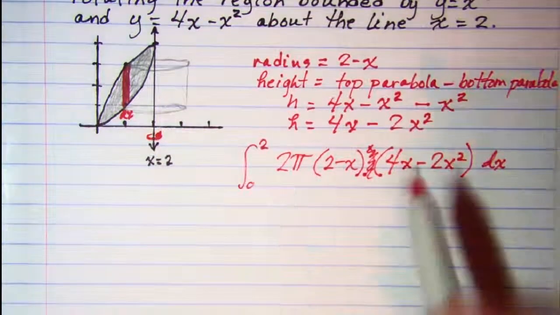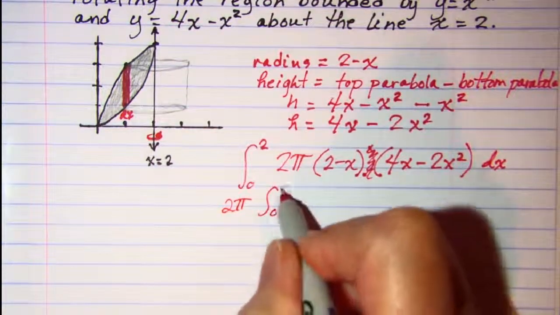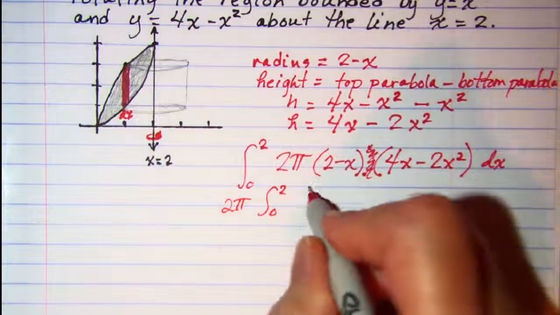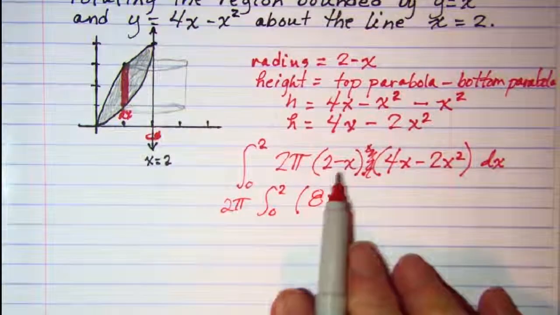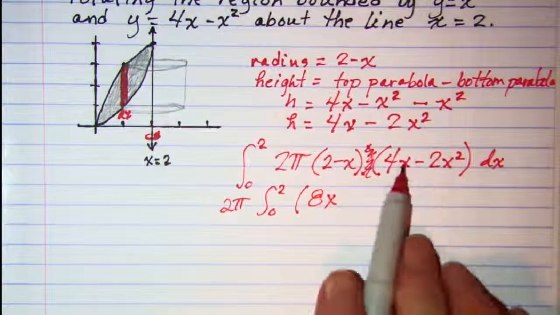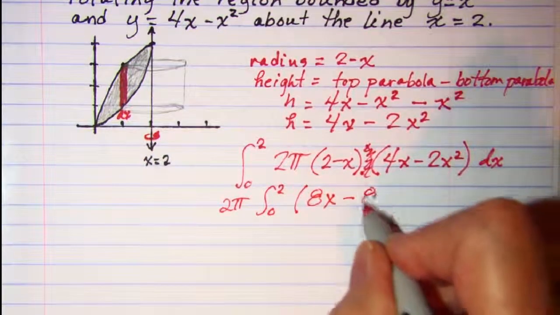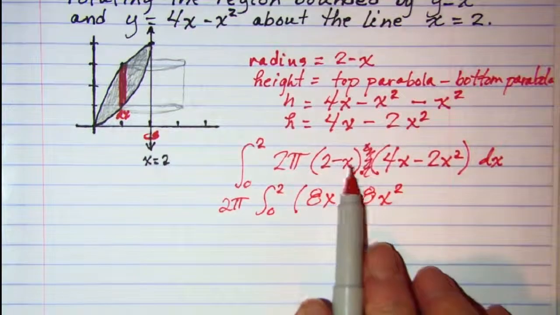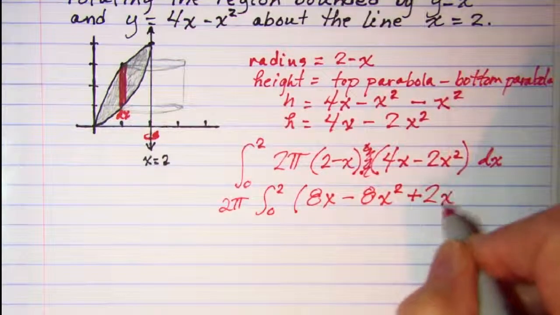Alright, let's pull our 2 pi out in front. And I'm going to FOIL this out. So I have 8x, my outers and my inners combine to give me a negative 8x squared. And my last ones are positive 2x cubed.